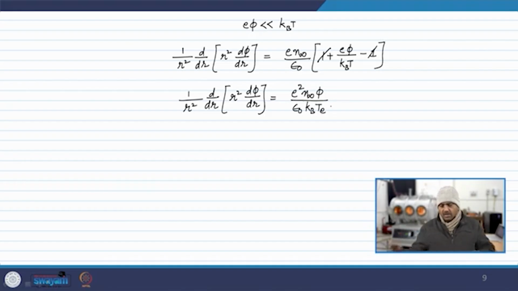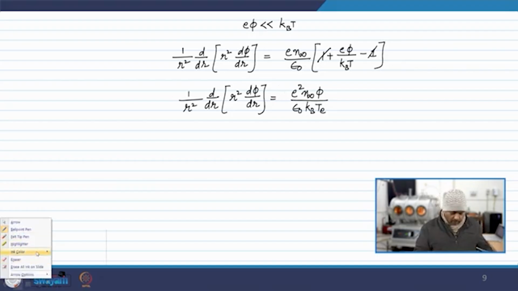So, we have a second order differential equation, where φ is the variable and all of this is obviously a constant multiplying it. You see this?